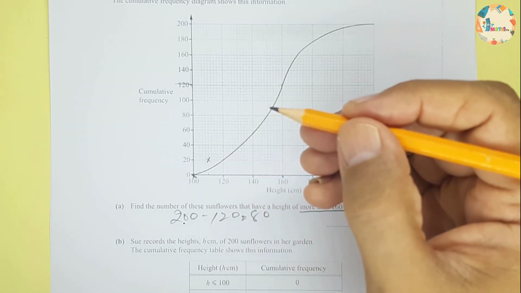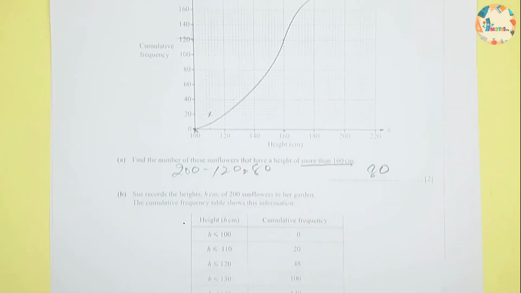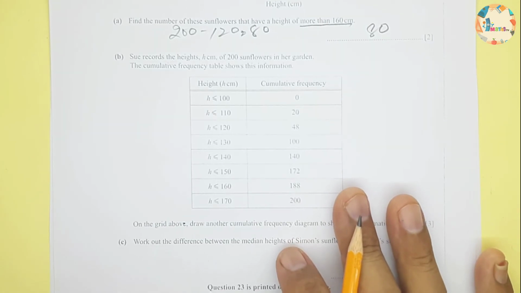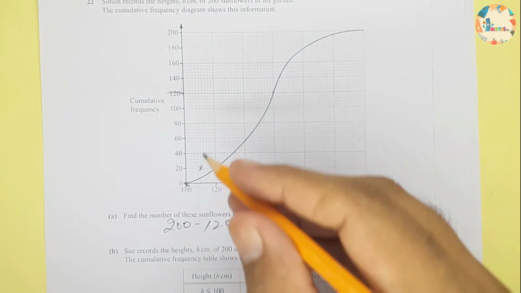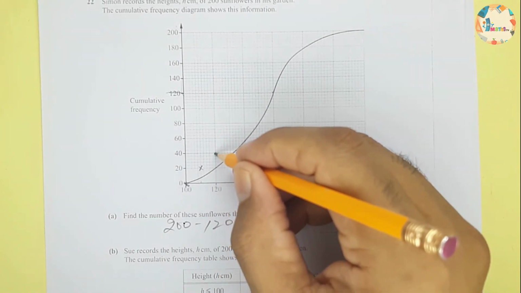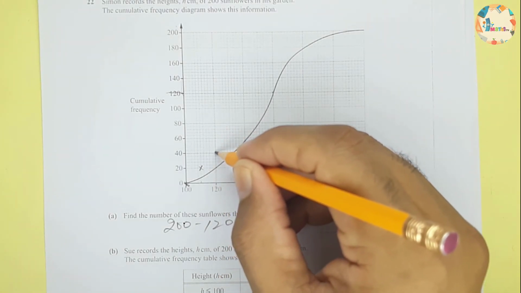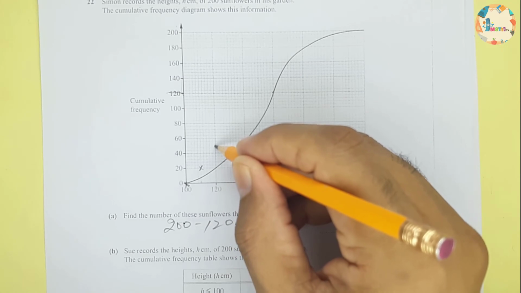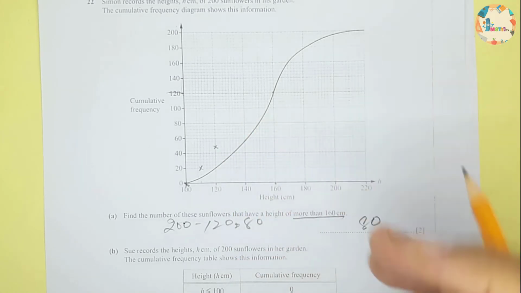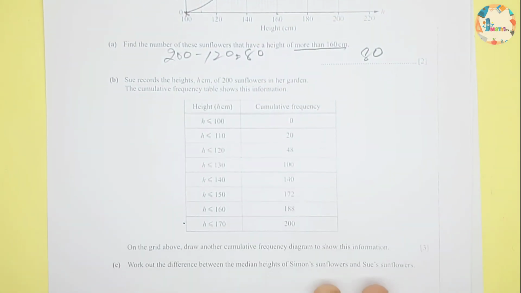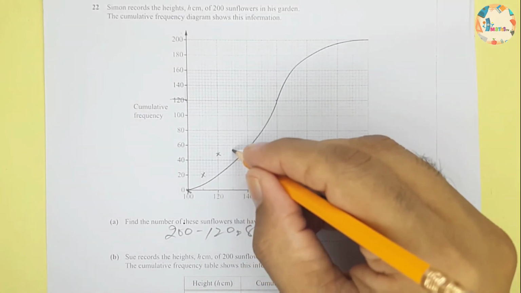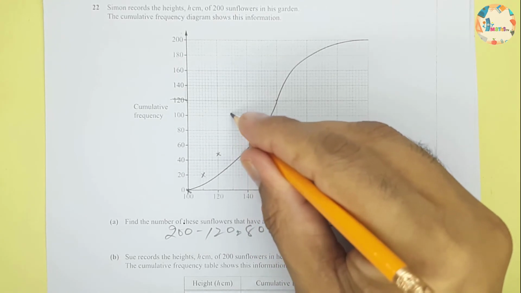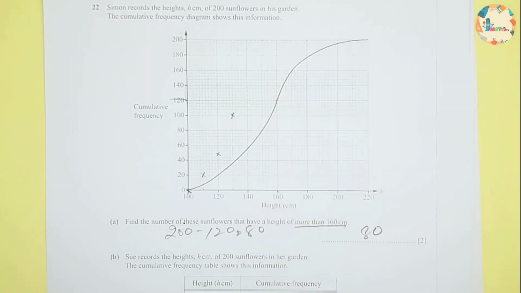Then next, less than 120 is 48, so we can mark 48 over here. Then less than 130 is 100, and 100 is over this one.